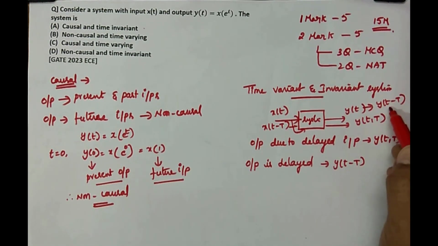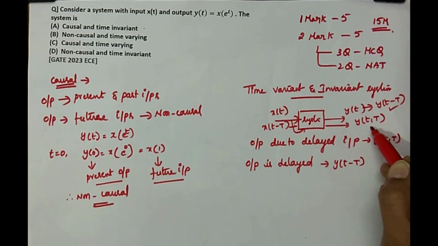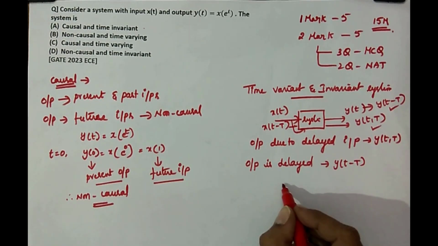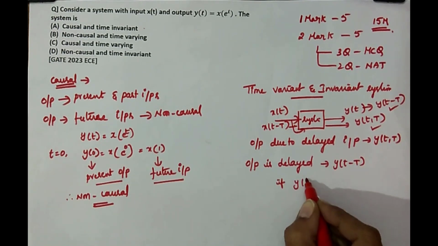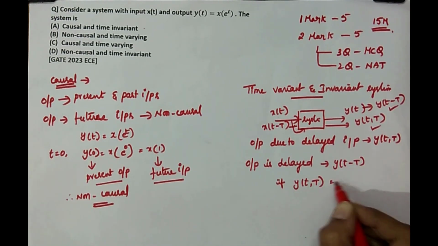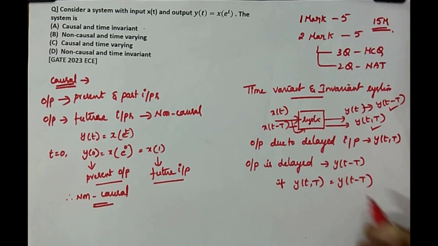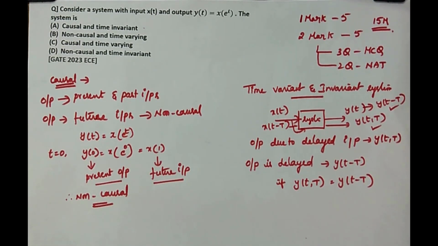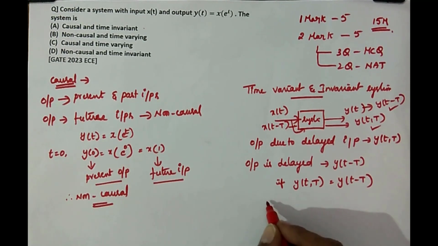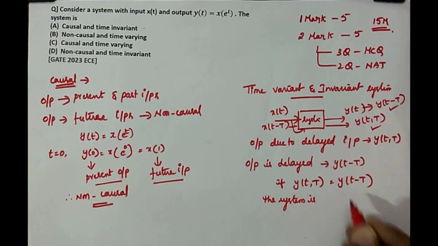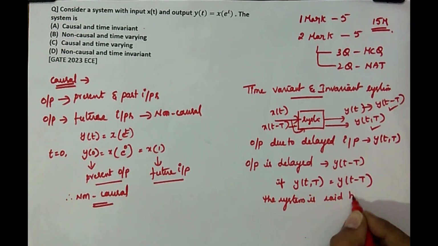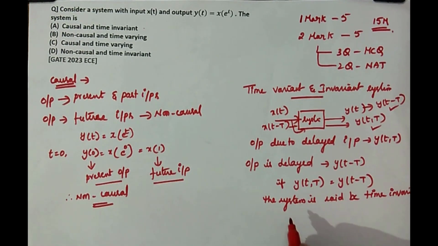Okay, if these two, this y of t minus T and y of t comma T both are same, if y of t comma T is equal to y of t minus T, the system is said to be time invariant.